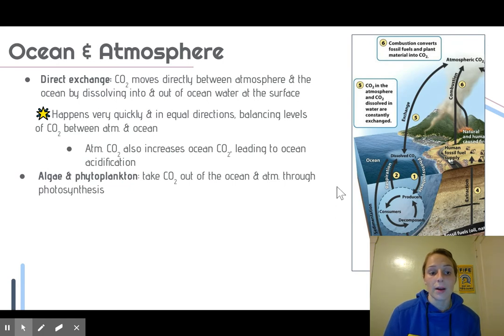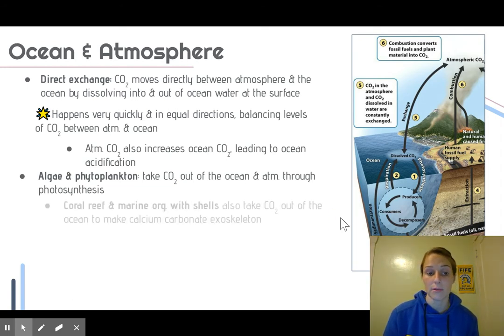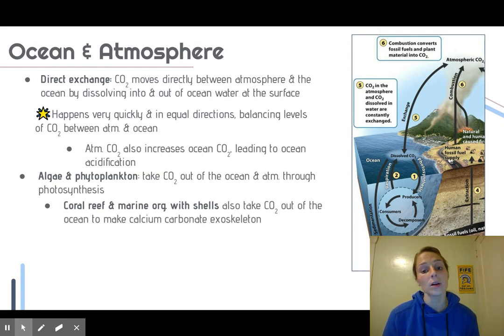Now, you do have algae and phytoplankton doing photosynthesis. So they are taking carbon dioxide out of the ocean and the atmosphere through the process of photosynthesis. Additionally, coral reefs and marine organisms with shells, like crabs and clams and mussels, they also take carbon dioxide out of the ocean to create calcium carbonate exoskeletons.